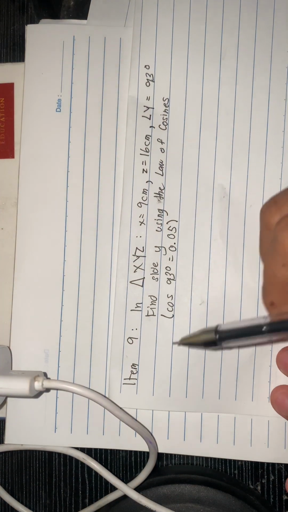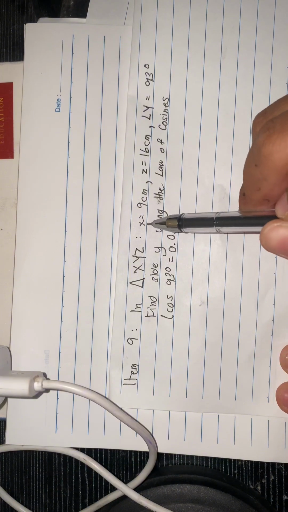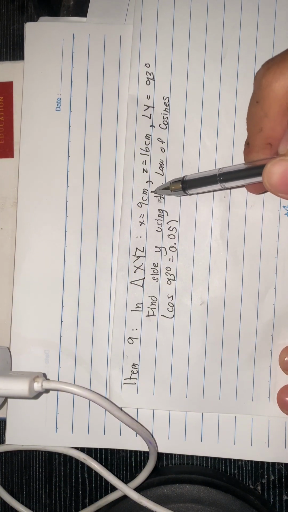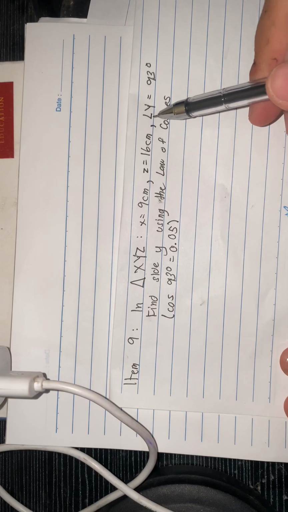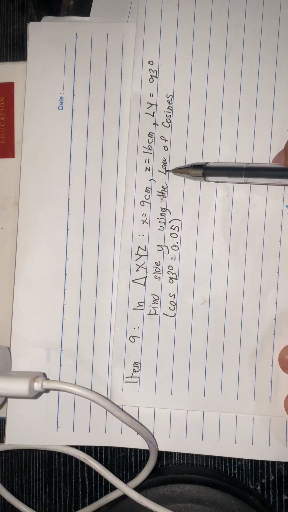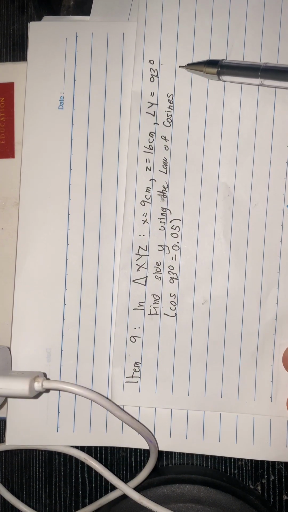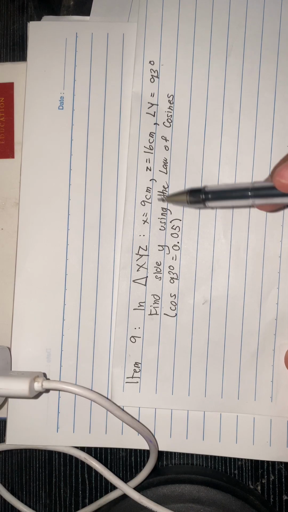For item number 9, in triangle XYZ, X is equal to 9 centimeters, Z is equal to 16 centimeters, and angle Y is equal to 93 degrees. Find side Y using the law of cosines. Cos 93 degrees is equal to negative 0.05.